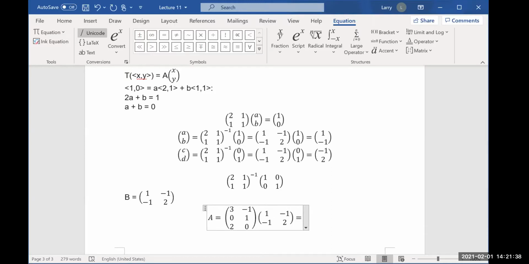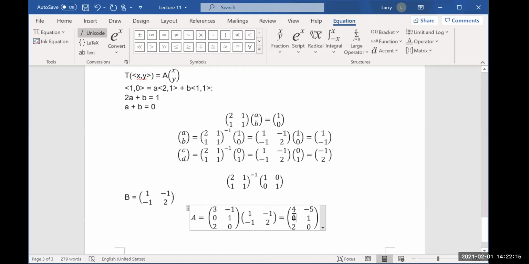All right. And hopefully you know how to multiply matrices. So first thing is you take 3, -1 dotted with 1, -1. And what do you get? 4. Then you take 3, -1 dotted with -1, 2, and you get -5, right? Okay, then we take 0, 1 dotted with 1, -1.